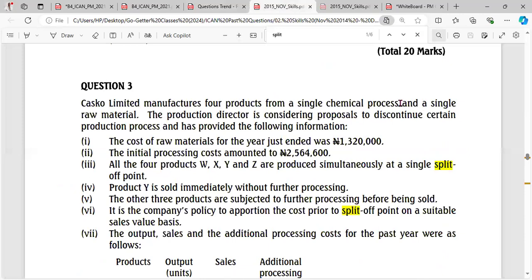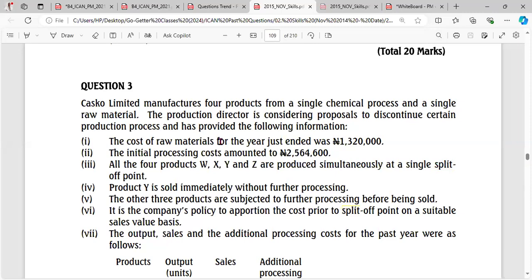All right, so look at this question. Casco Limited manufactures 4 products from a single chemical process and a single raw material. The production director is considering proposals to discontinue certain production processes and has provided the following information.